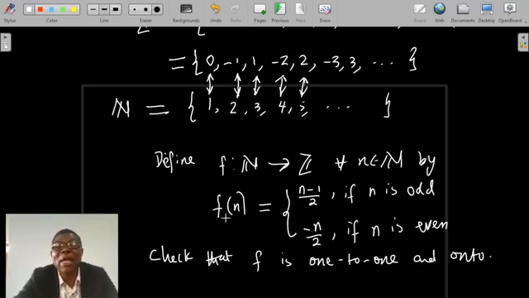So this map is actually a 1 to 1 and onto map between the set of natural numbers and the set of integers. So the set of integers is countable.